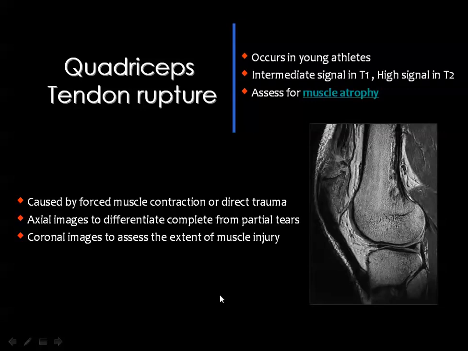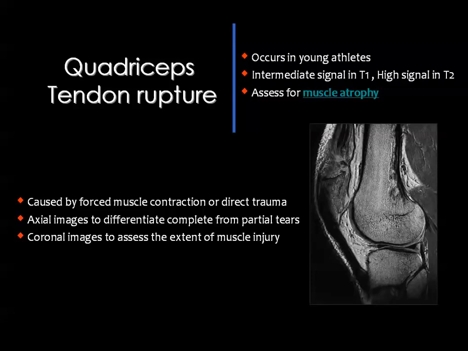Then one of the important issues of any tendon rupture is to assess the state of the muscle belonging to this tendon, because the surgical repair of the tendon depends very much on the state of the muscle. If the muscle is atrophic, then tendon repair will be somewhat useless.